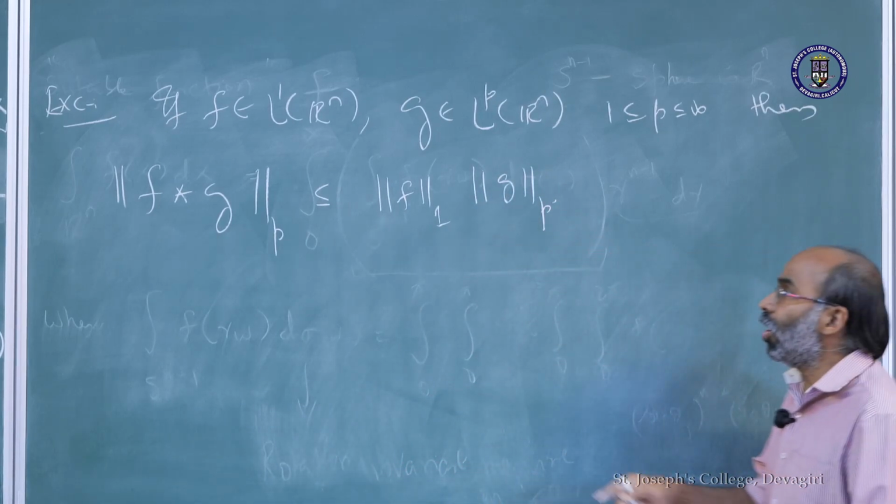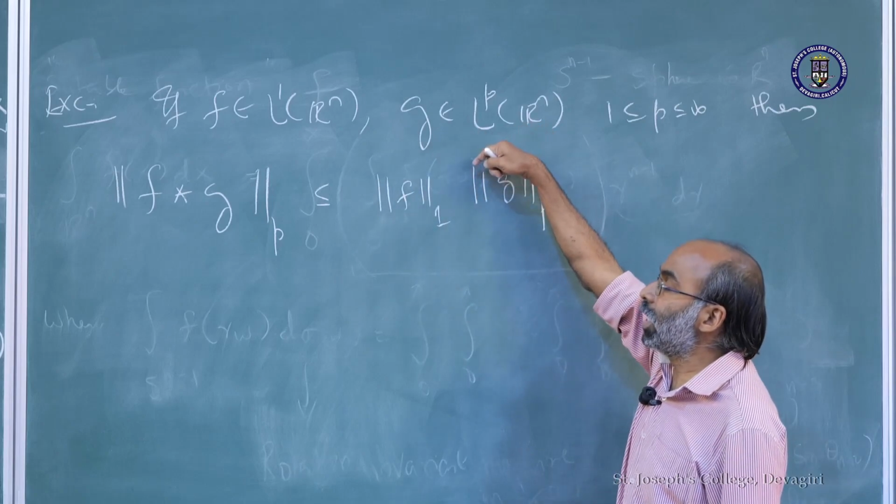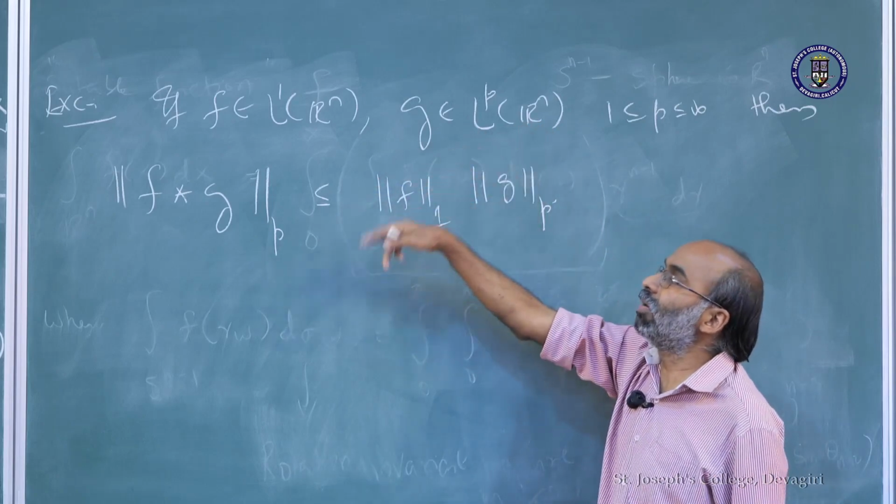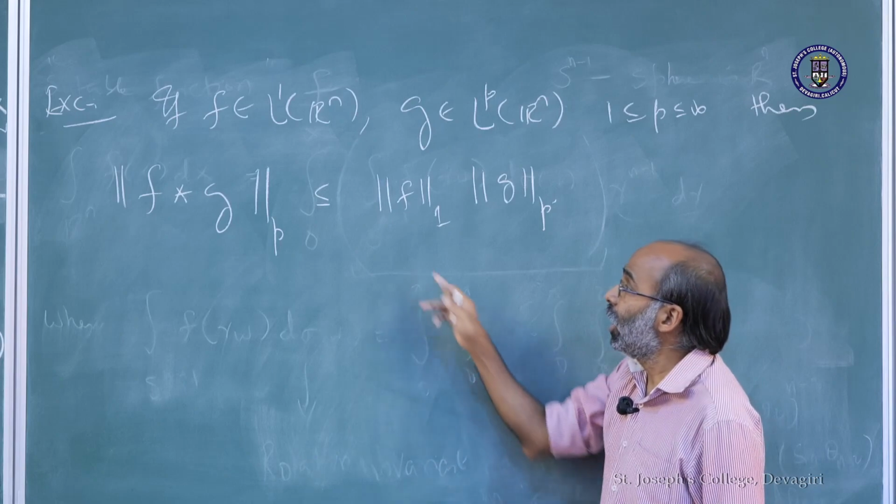So if I convolve L1 with Lp, I land inside Lp. L1 with L1 goes inside L1 and L1 with Lp goes inside Lp with this inequality.